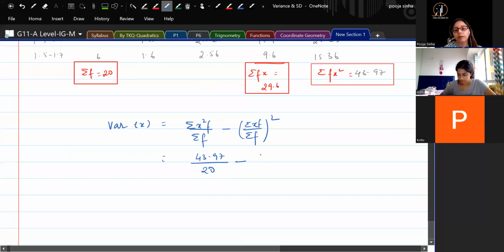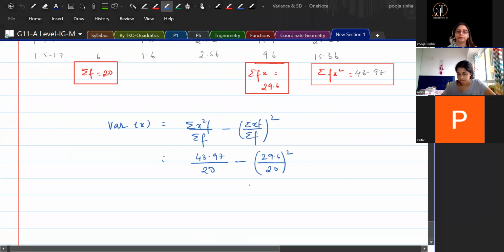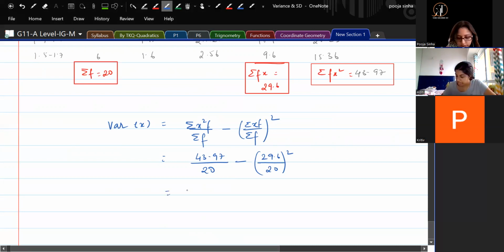43.97 upon 20 minus sigma fx, 29.6 upon 20 whole square. इसका आंसर कितना आ रहा है? Okay, I am getting a whole lot different. I'm getting 8.1 into 10 raised to the power minus 3.